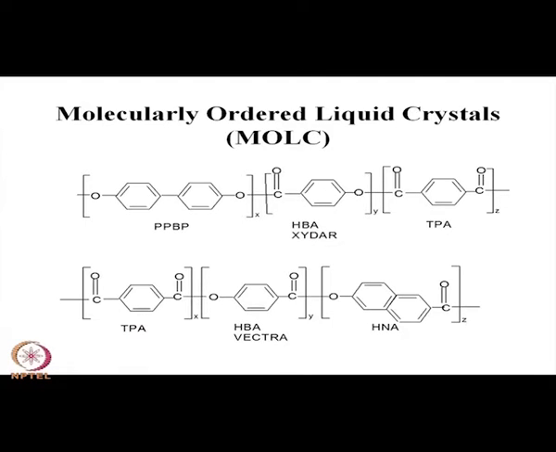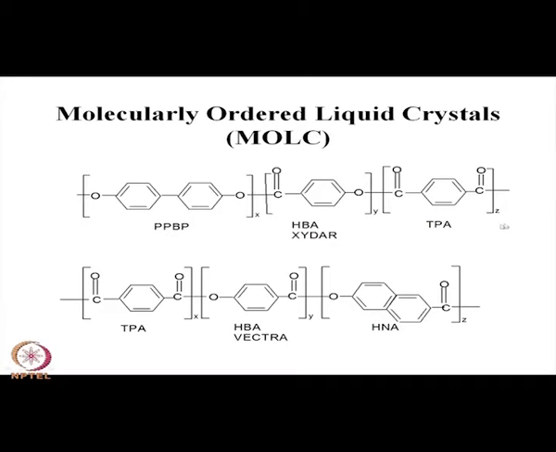That means, in the liquid state, these polymers show crystalline order. Liquid state means in solution or in melt condition, they show anisotropic behavior. So, this anisotropic behavior in liquid phase is known as liquid crystalline phase.